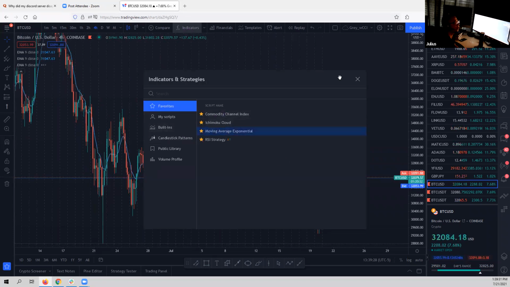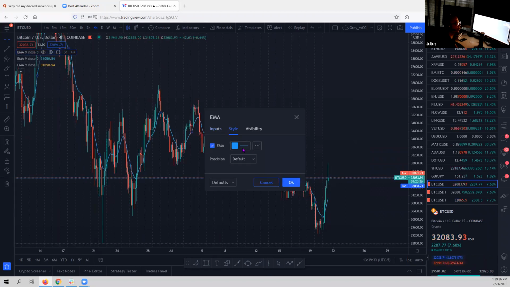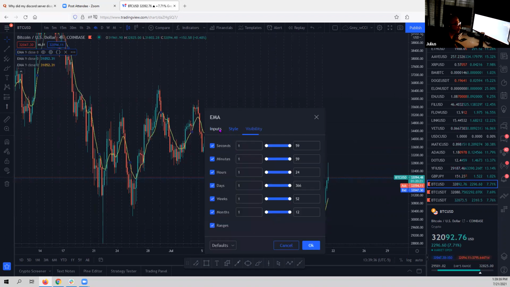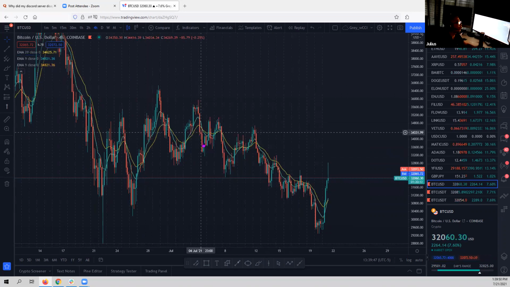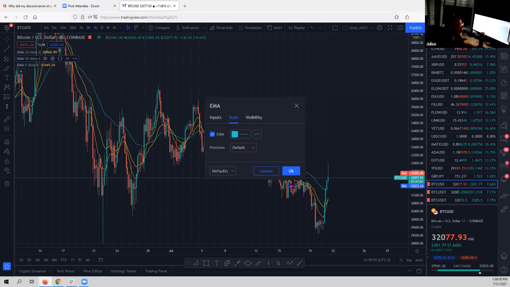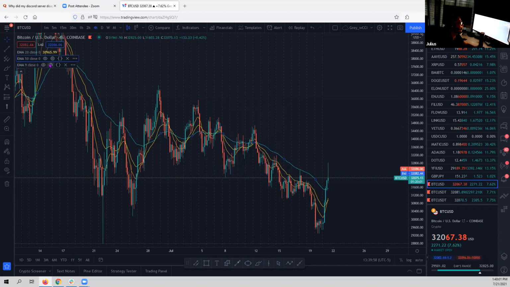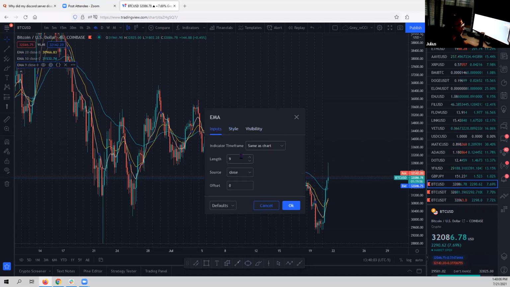Okay, so for my EMAs, I like to do yellow on my 20, 50 on my baby blue, and this one is white, 200.